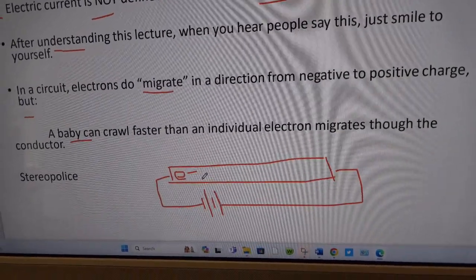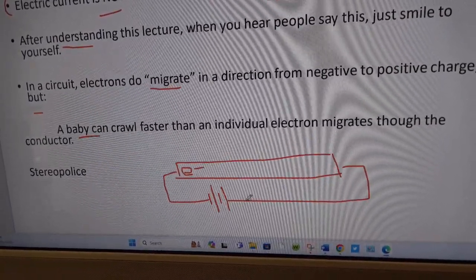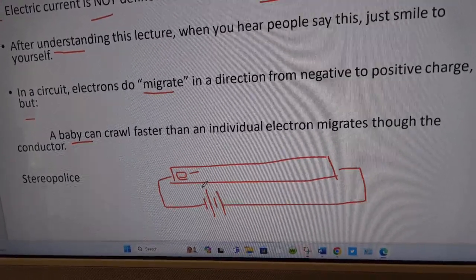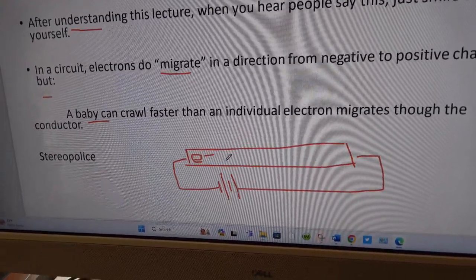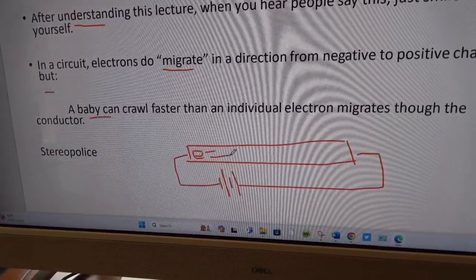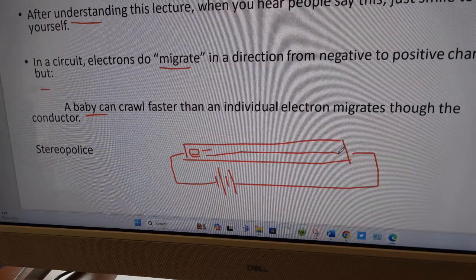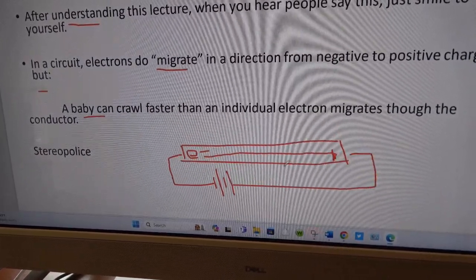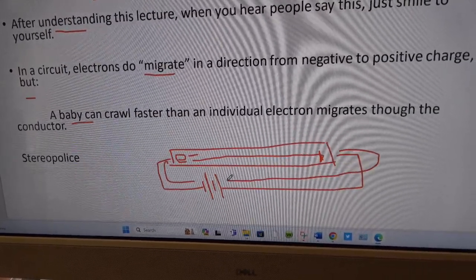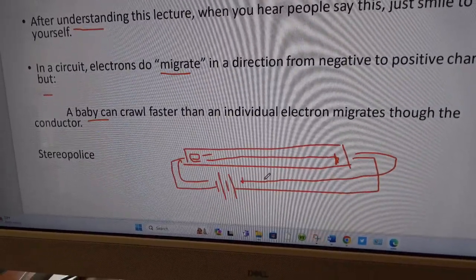I could have put a switch there to close it. A lot of people believe that once you apply an electromotive force across a conductor, this little electron is going to travel in a straight line through the circuit from one point to the other at the speed of light.